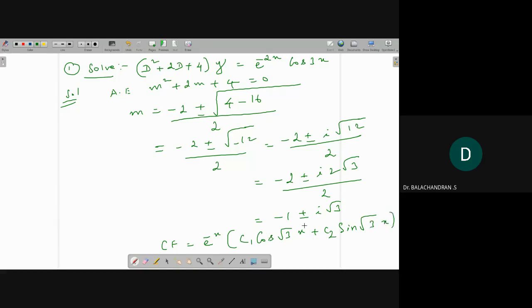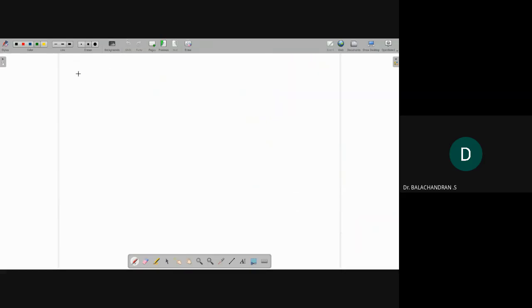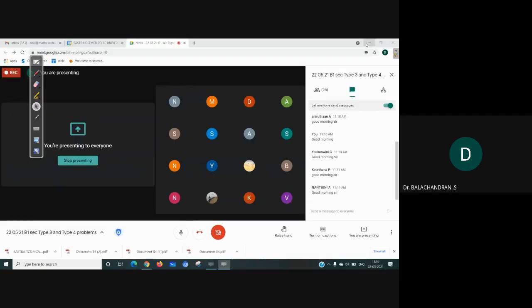So we got CF. Now next to PI. PI is equal to 1 by (D^2 + 2D + 4). What is the right hand side function? e^(-2x) into cos 3x. Okay. So now what is the rule?